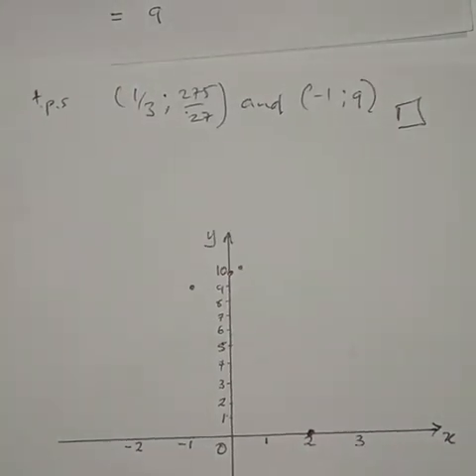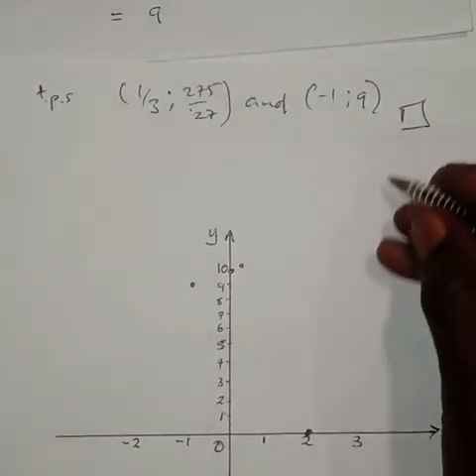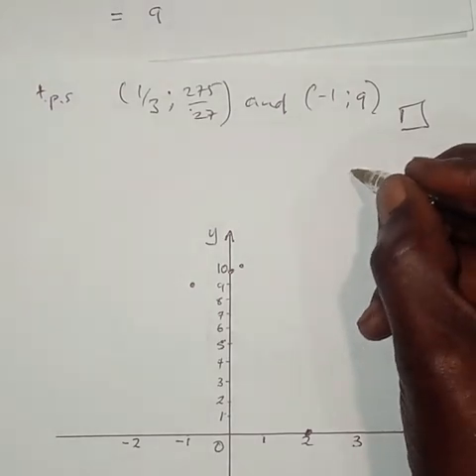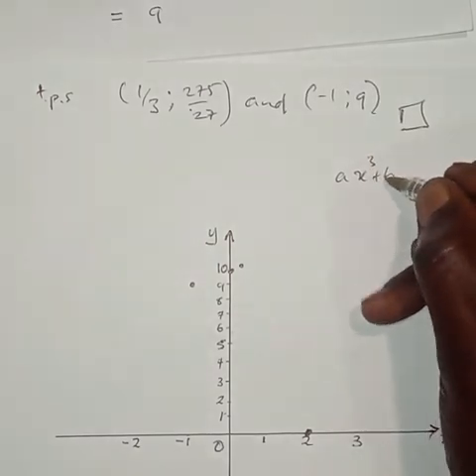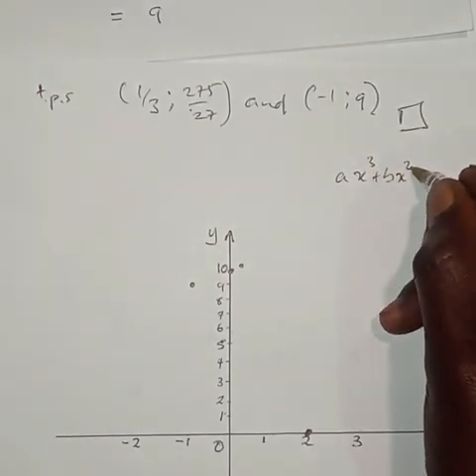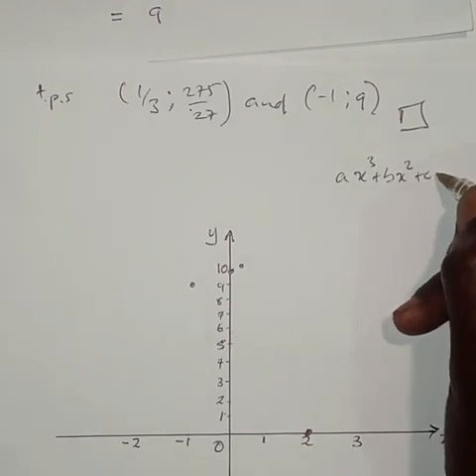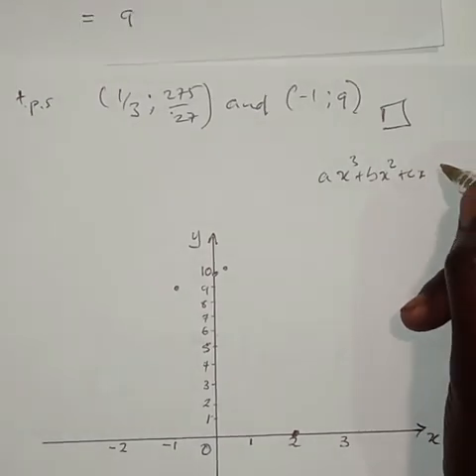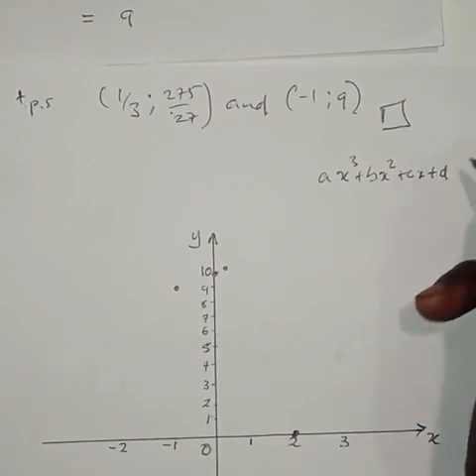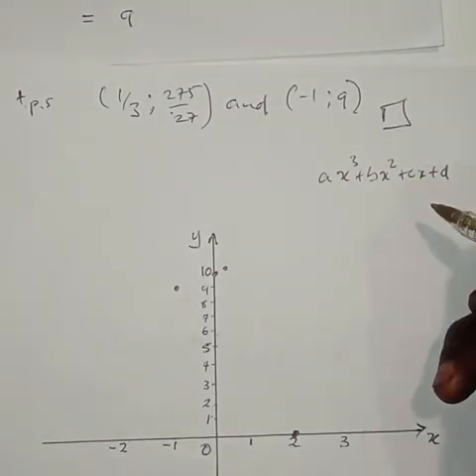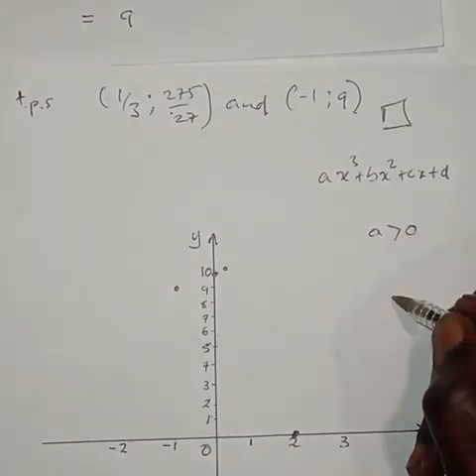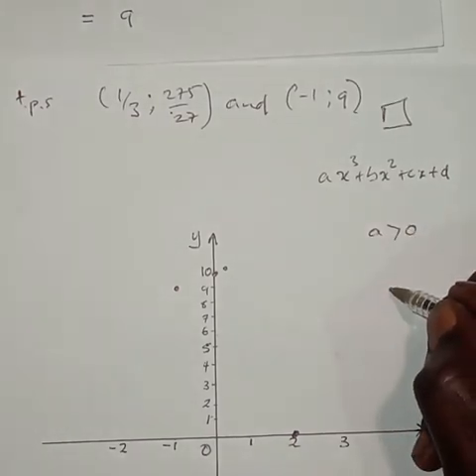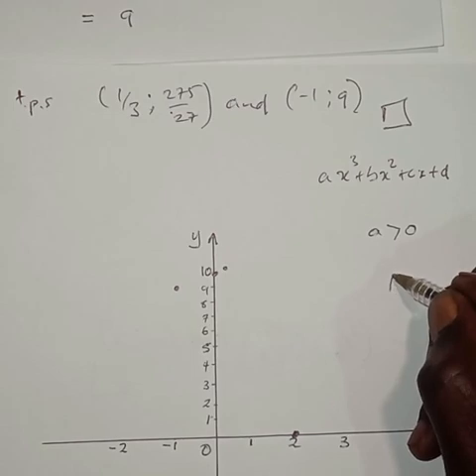Okay. Now, one thing to remember, if we have a cubic function, that is ax to the power 3 plus bx squared plus cx plus d, you look at the value of a to determine the shape of that curve. So if a is greater than 0, the graph starts with a positive gradient going up.